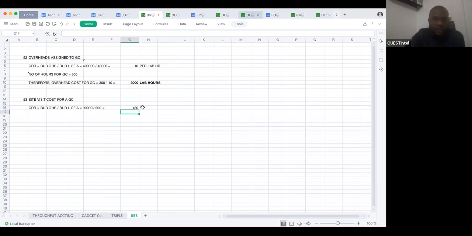So $180 per site visit. So we can say since GC requires 1 site visit, the overhead per site visit for 1 GC will be equal to 180 multiplied by 1, which is 180.